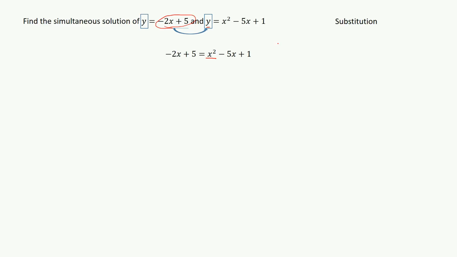So what you would do is take the 2x plus 5, take it over there, and from that point on, you now have an equation in x squared, which is a quadratic. You can simplify it. So in this case, it'll be x squared minus 3x minus 4. And you can then factorize that. You'll get two answers out of it for x.